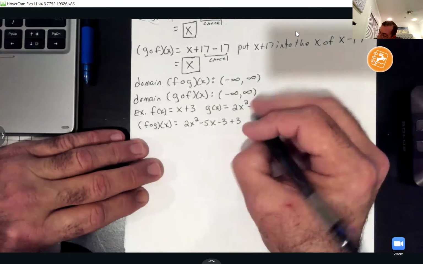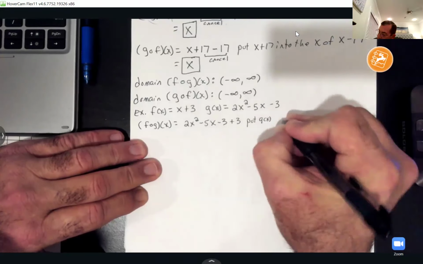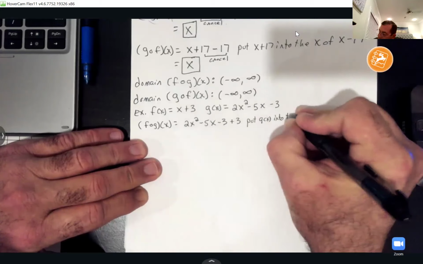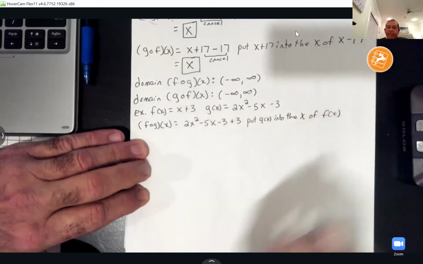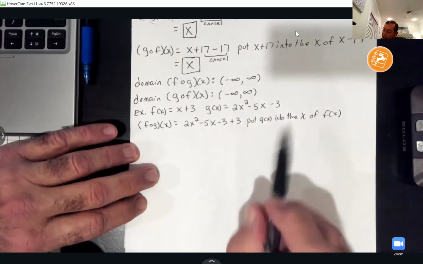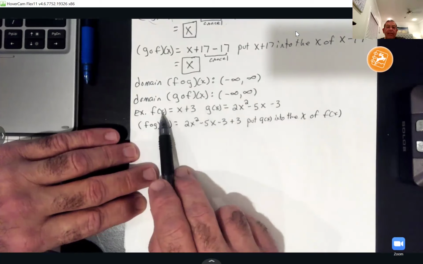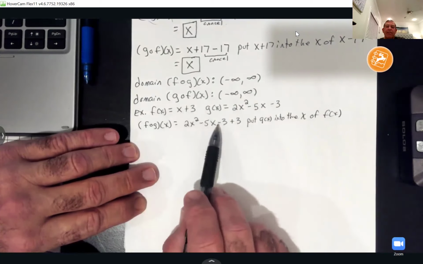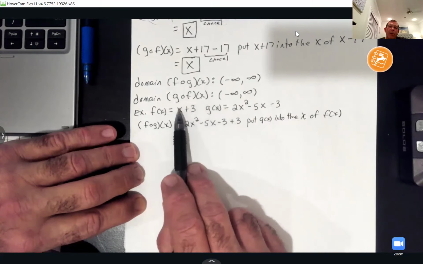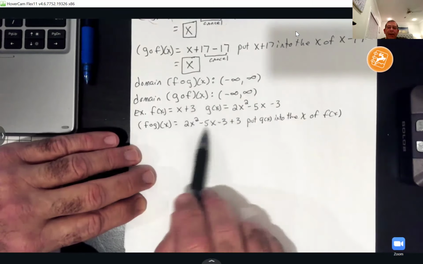So on this one, I put g of x into the x of f of x. Which means really, I'm finding f of 2x squared minus 5x minus 3, because that's what I'm plugging in for that x, and then I add that 3 at the end.